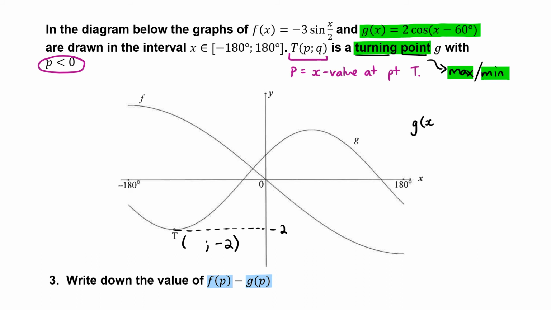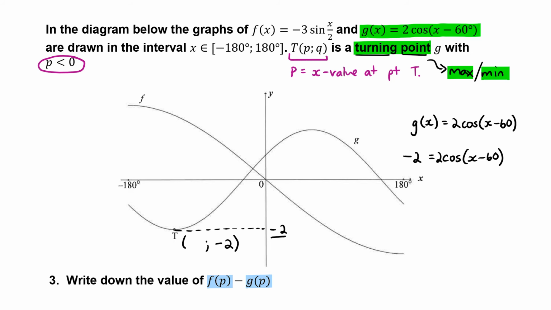We've got that g of x is equal to 2 cos of x minus 60, and we're going to substitute in our y-coordinate, which is negative 2. So it's going to be negative 2 is equal to 2 cos of x minus 60.